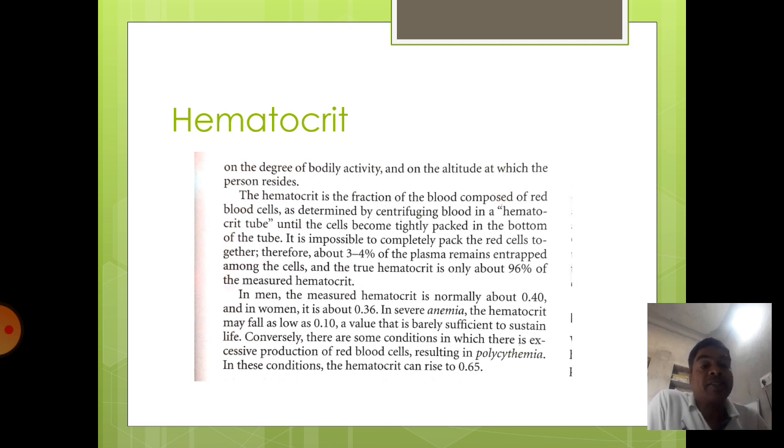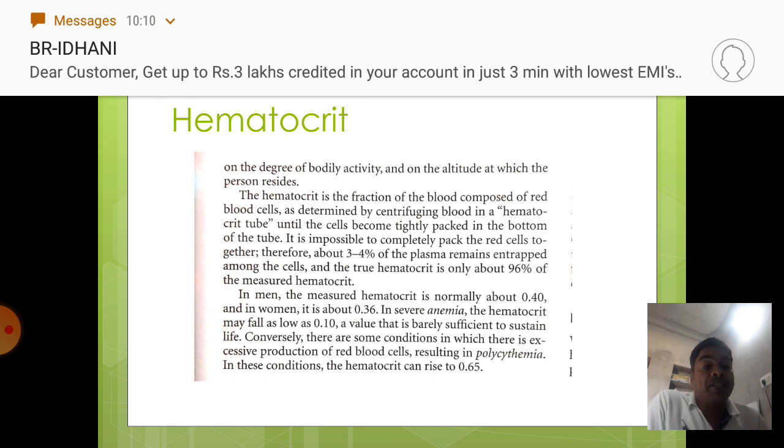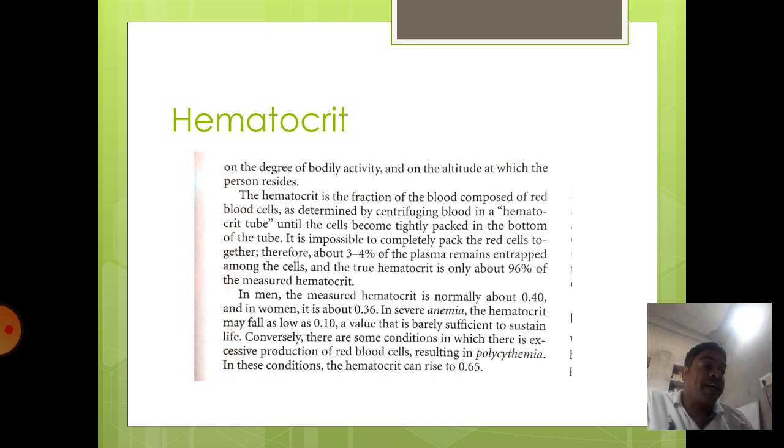Conversely, there are some conditions in which there is excessive production of red blood cells, resulting in polycythemia. In this condition, the hematocrit can rise up to 0.65.